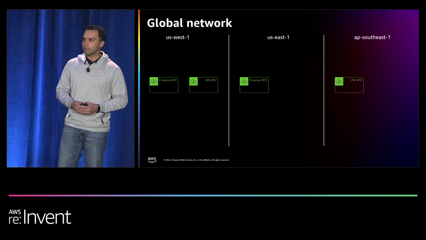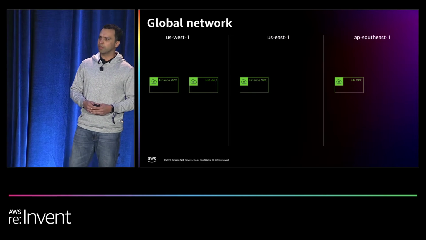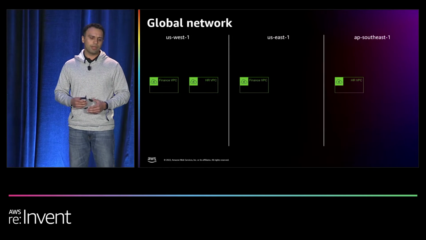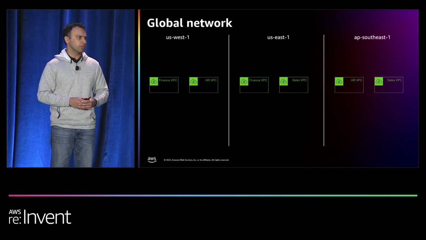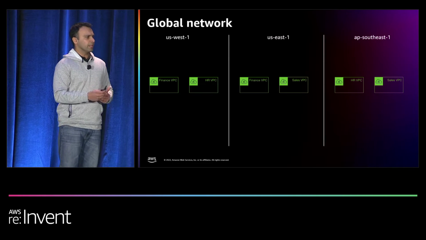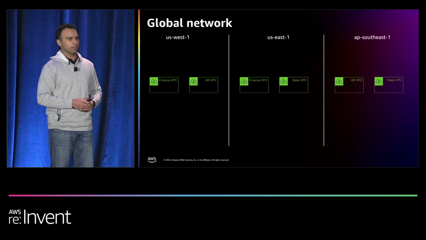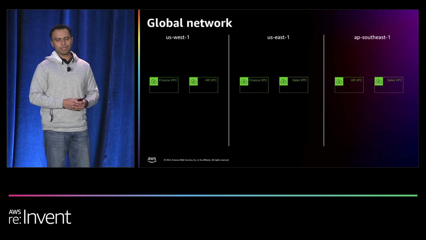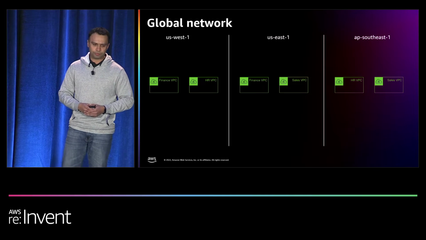The second department is going to be the HR department. Again, they can have their VPCs or their workloads in multiple regions. And then finally, the sales department, same story, can have their workloads or VPCs in multiple regions. The major takeaway here is it's a completely staggered deployment that we really want to show. You can have multiple accounts, multiple VPCs, and each account can have their VPCs in multiple regions.